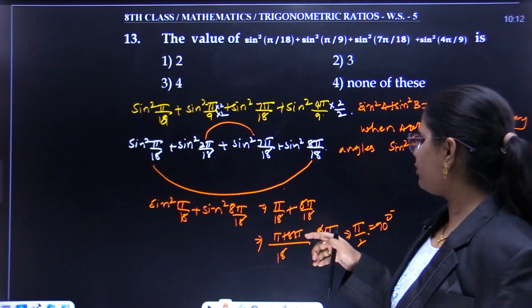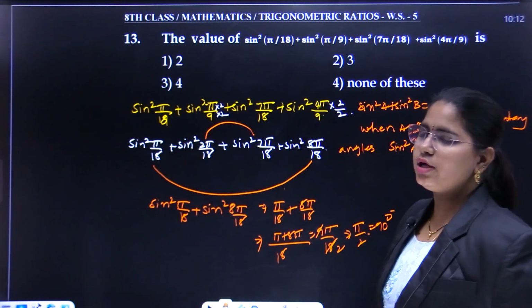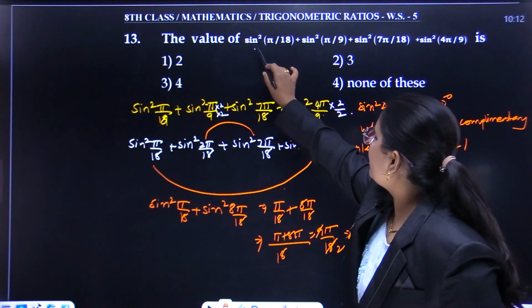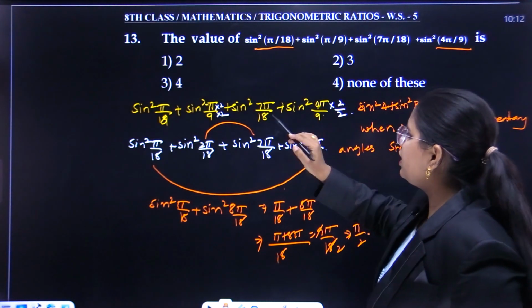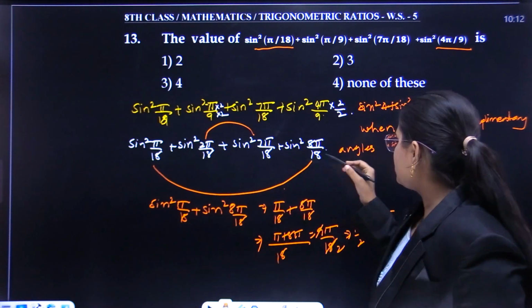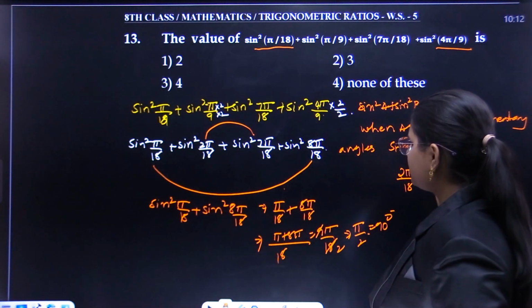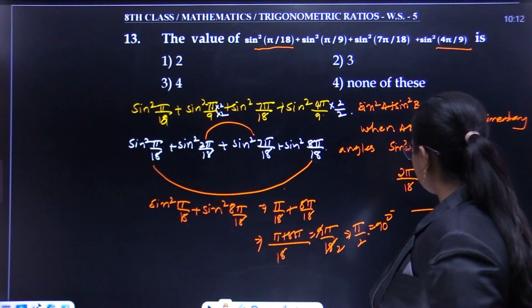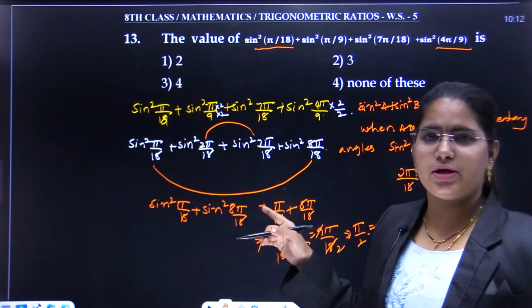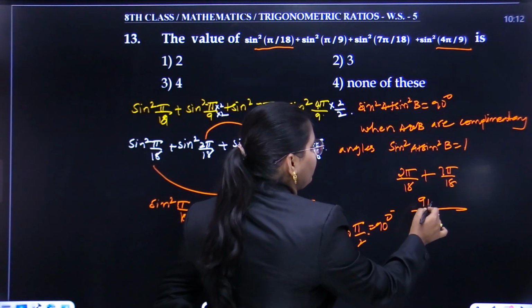Done. So as per that result, what will this particular value become? 1, right? So this and this, if I take, I am getting 1. So we are left with these both. Let me add 2 pi by 18 plus 7 pi by 18. 18 is the LCM. 2 pi plus 7 pi is again 9 pi by 18.